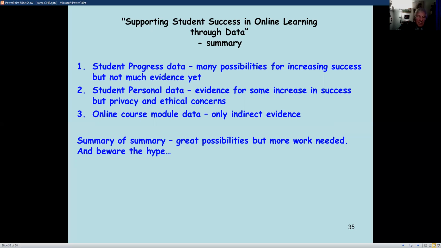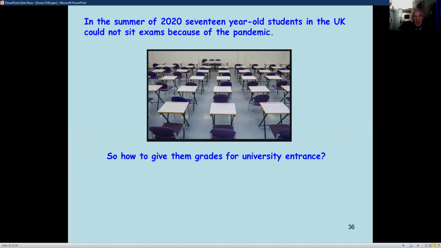Finally, let me tell you a story that illustrates the danger of relying on data without being very careful. In the summer of 2020, 17-year-old students in the UK could not sit their final exams because of the pandemic. So how to give them grades that they could use for university entrance?